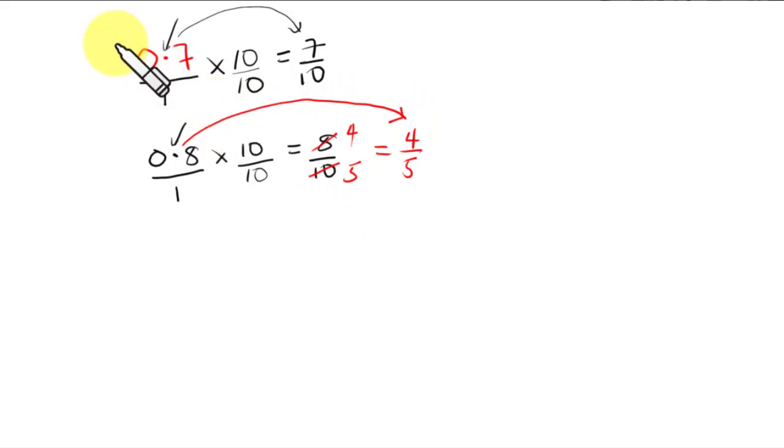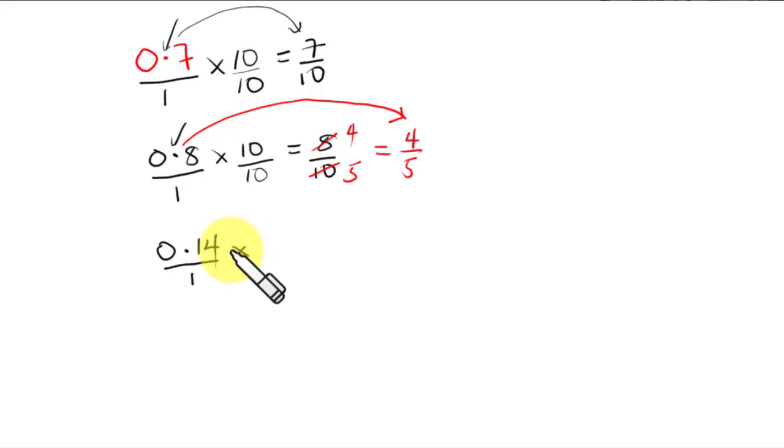We can also look at another example where we have 2 digits after the point, like 0.14. Now in this case there is a decimal, but right after the decimal we have 2 digits to the right. 0.14 is the same as 0.14 out of 1.